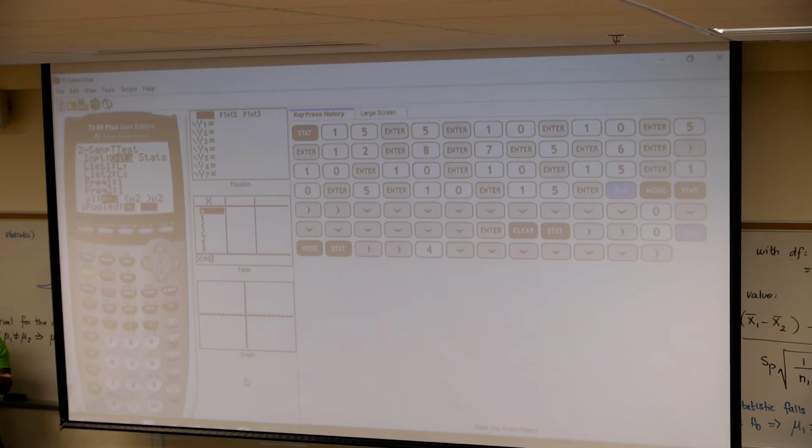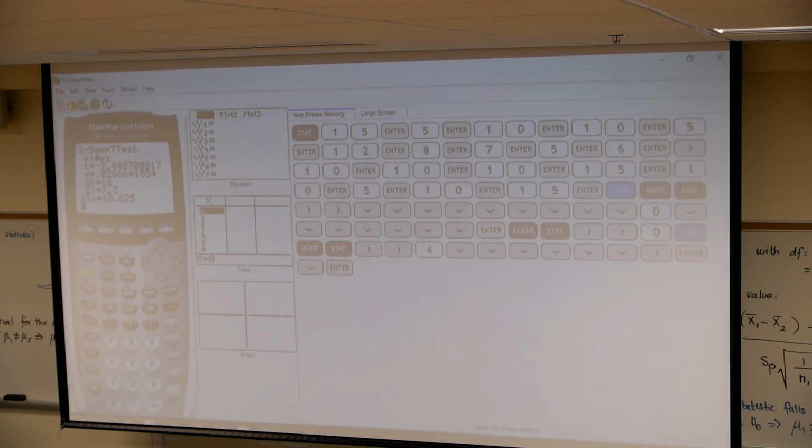Switch it over to yes, because we did the pooled case. With me? And that's what we get. What was the test statistic that we got manually? Negative 2.42.